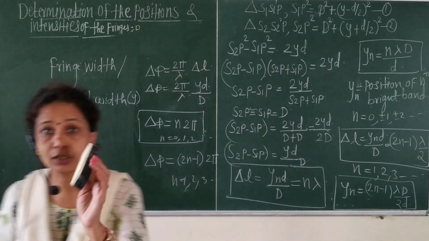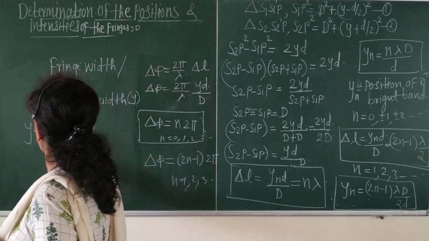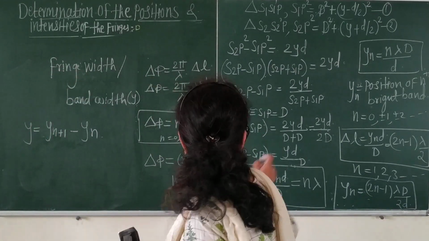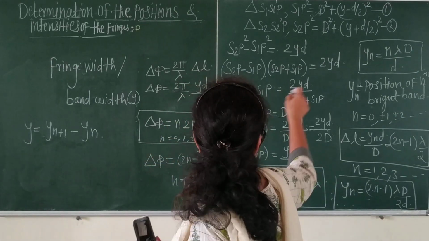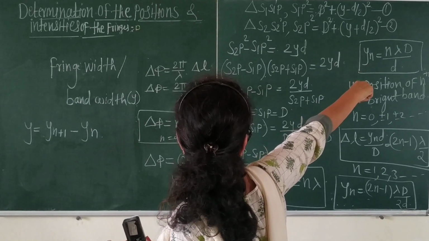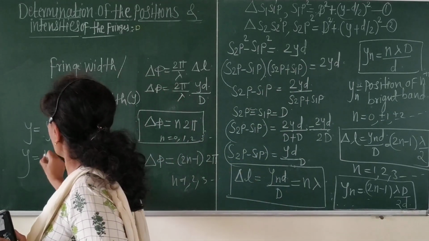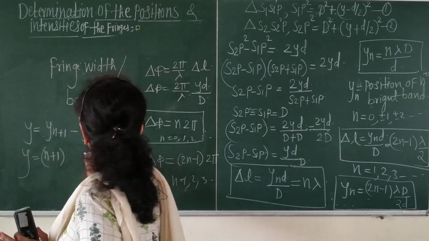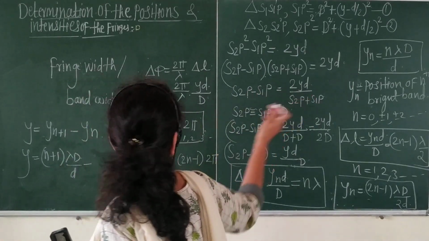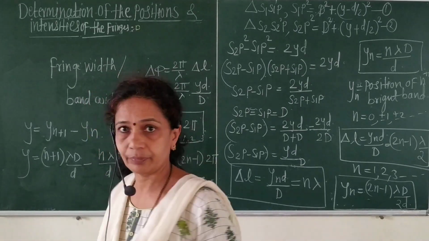It is denoted by the letter y. Therefore, y is equal to yn plus 1 minus yn. You can calculate it for any one, for example the bright band. Here yn is equal to n lambda D upon d. Therefore, y is equal to (n plus 1) lambda D upon d minus n lambda D upon d.